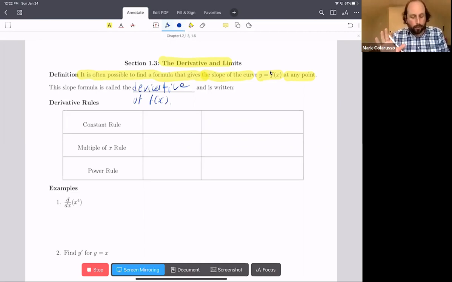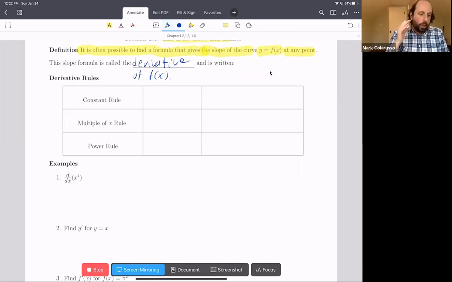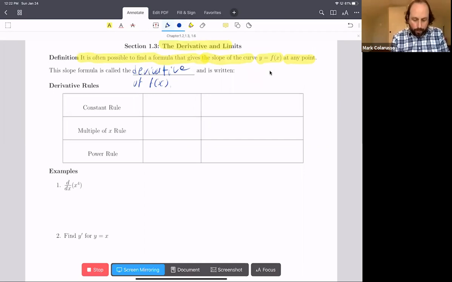But what we're going to do here is to say, here are some rules. Given a function of a certain kind of form, here's what the derivative looks like. So first of all, we need some notation. The derivative of a function is often written as f prime at x, or y prime equals f prime at x. Some people do it this way.